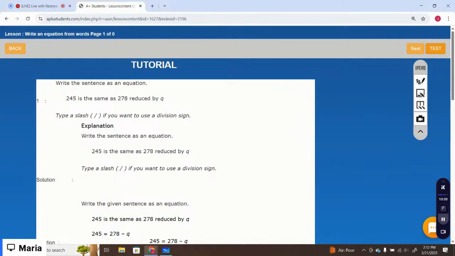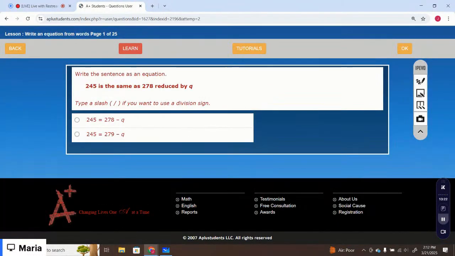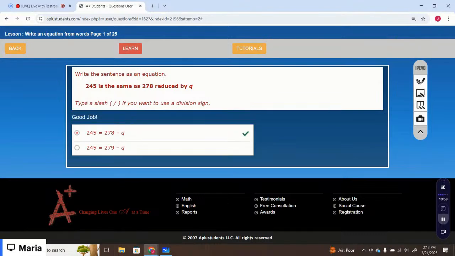Let's start with the test questions. Write the sentence as an equation. 245 is the same as 278 reduced by q. Which is the correct option, option 1 or 2? Option number 1 is the correct option, that is 245 equals 278 minus q.